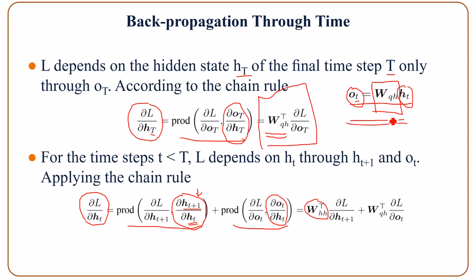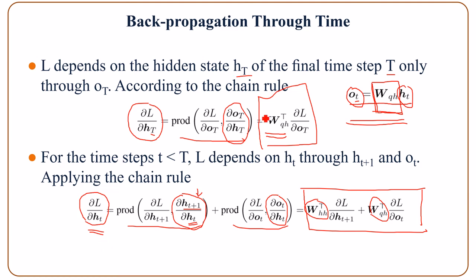And when you take the derivative of the output at time t with respect to the hidden state at time t, what you have left is just the weight matrix W_QH. So that's what we have here. So eventually, this is what you have with the derivative of the loss function with respect to the hidden state at time t.